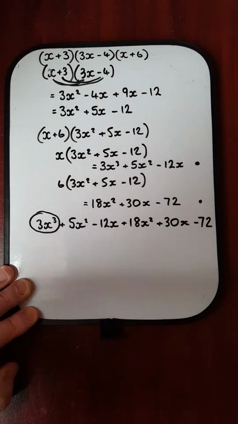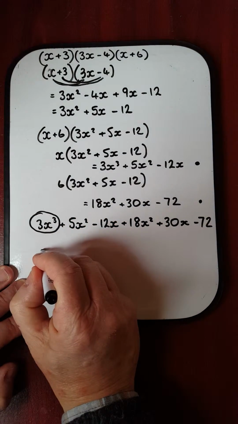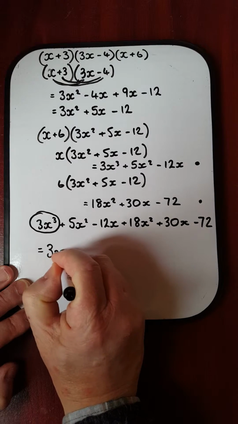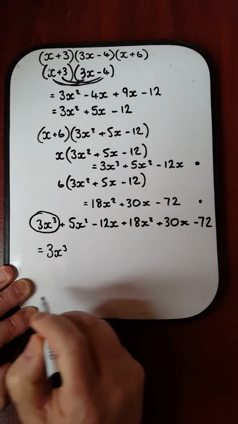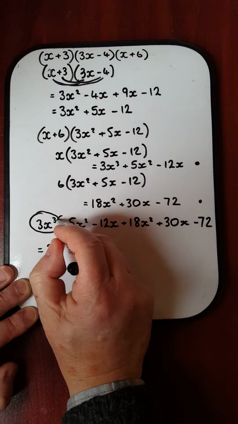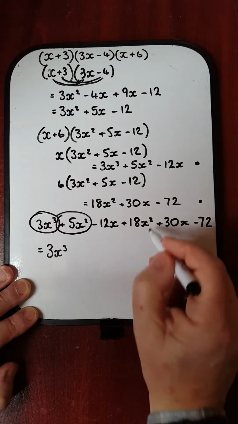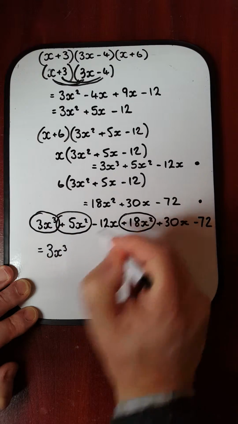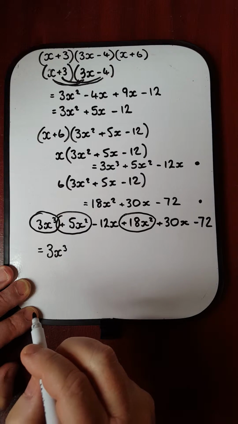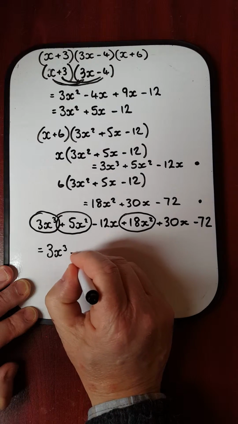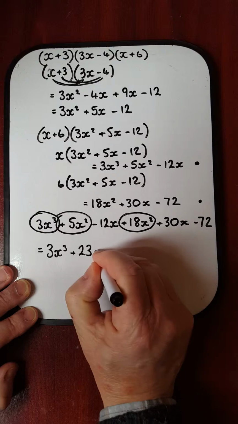So there is only one cubed element, so that's going to be 3x cubed remaining in the answer. The squared elements, we've got 5x squared and we've got 18x squared. 5 plus 18 is 23, so that's going to be 23x squared.